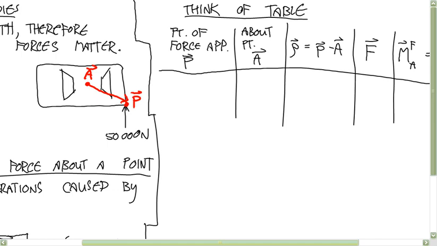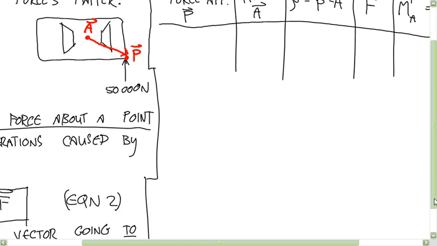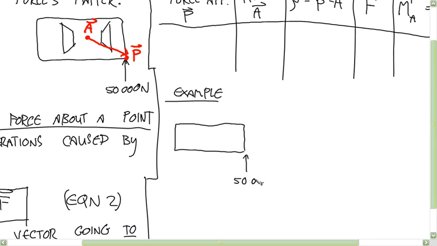Okay, so let's do an example and fill out this table. I guess this example sort of mirrors this car that I drew on the right. So let's say that we have this 50,000 Newton force acting in the lower right corner.